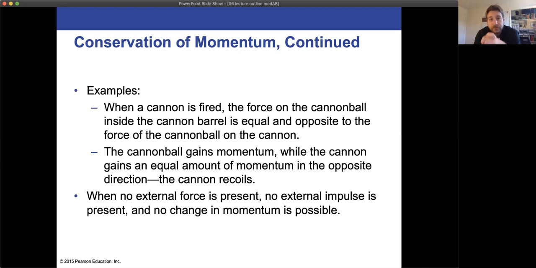When no external force is present, no external impulse is possible. And therefore, the change in momentum, delta p, has to be 0. Whatever momentum we had, we have to still have altogether.